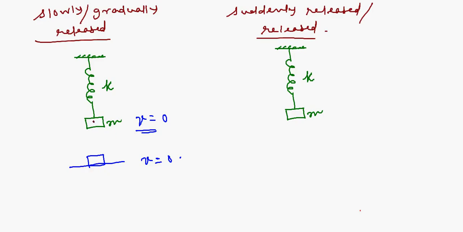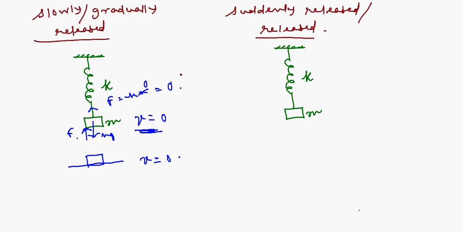If we release it, the force of gravity is mg, and the spring force at that point, F equals kx, is 0. So there is a net downward force acting on it, and this mass will gain velocity. That means for this motion to be done slowly, or for the mass to be at rest at every point, an external force has to be applied.